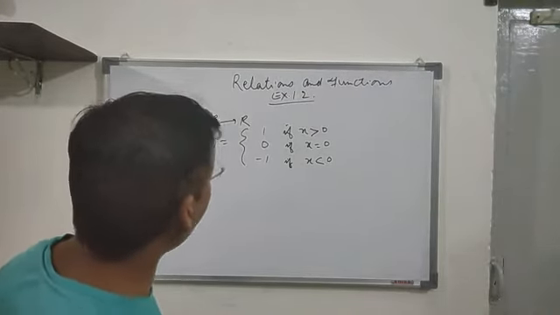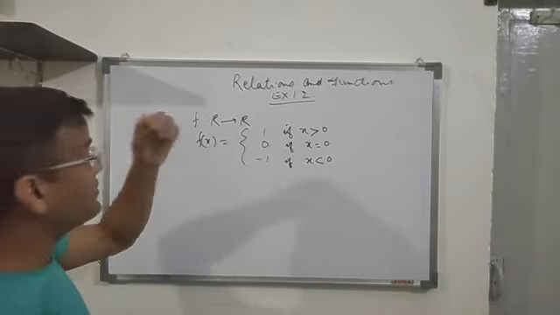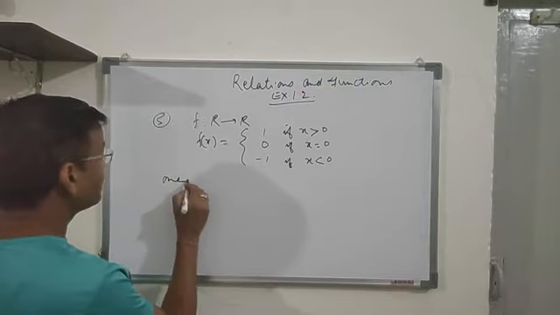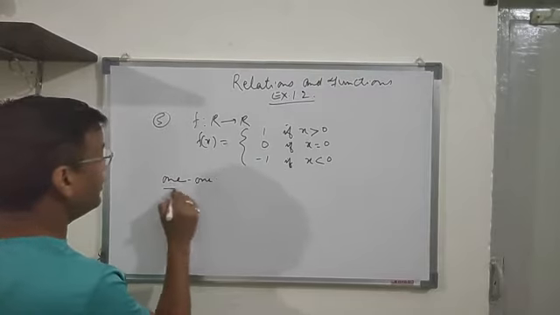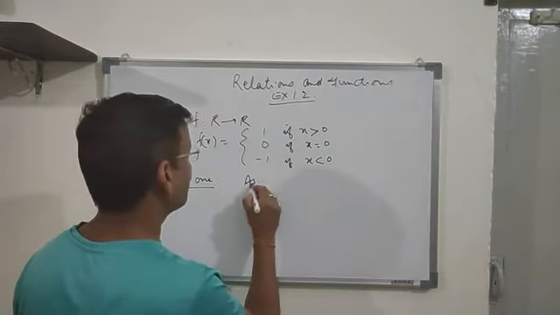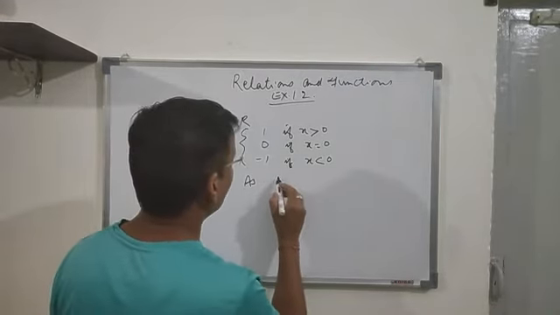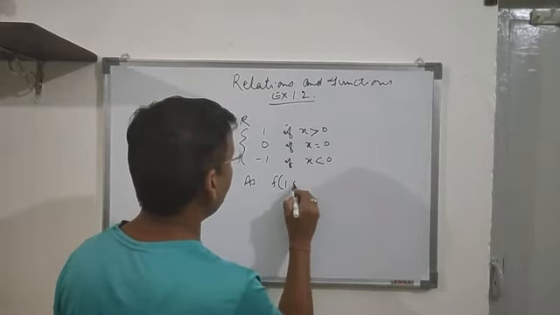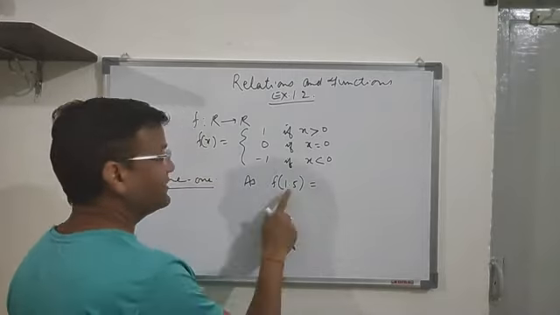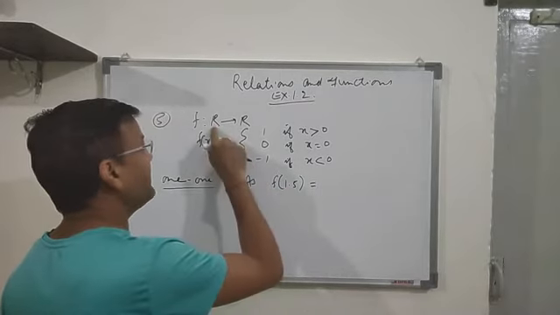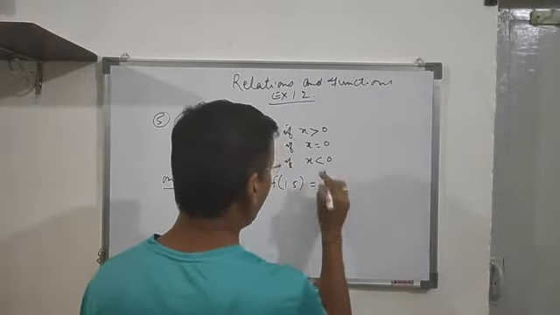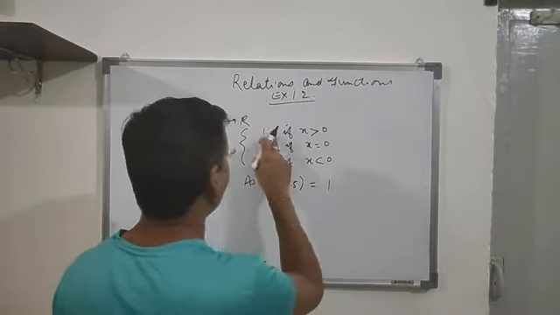So you can see it here, it is a function from R to R. Let's check whether it is 1-1 or not. If I take f(1.5), the image of 1.5 from the domain, f(1.5) is 1, because for x greater than 0 the value of the function is 1.